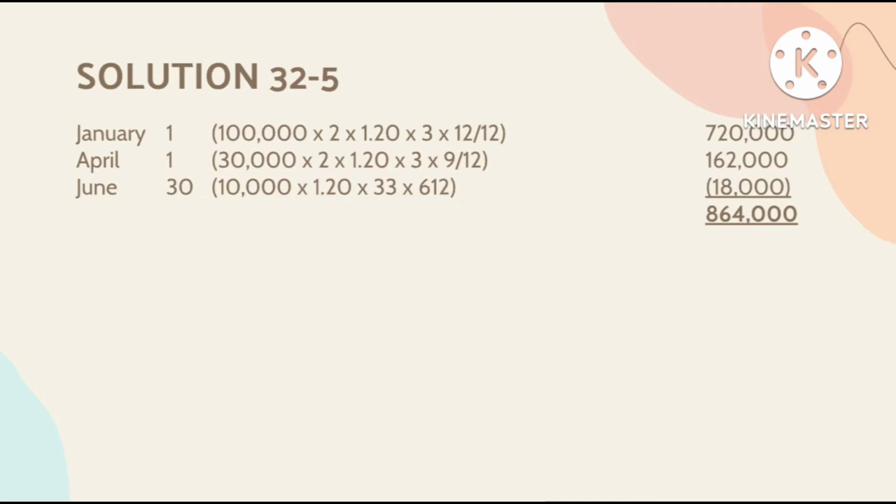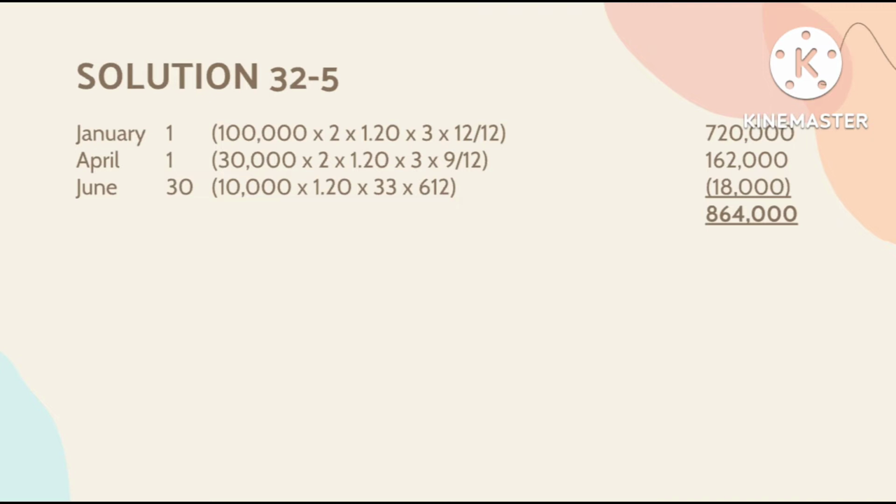On January 1, we have an adjusted balance of 720. How did we get 720? The 100,000 ordinary shares are multiplied by 2, because on May 1 we had a 2-for-1 share split. Then times 1.20, because the 20% share dividend on 100 is equal to 1.20.